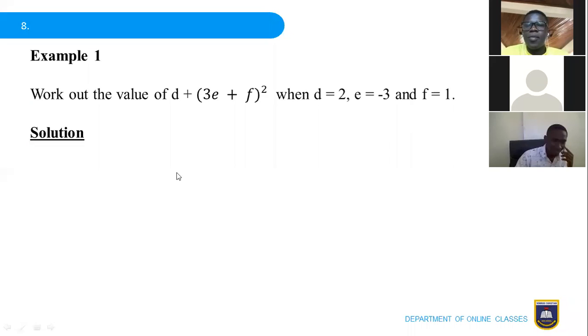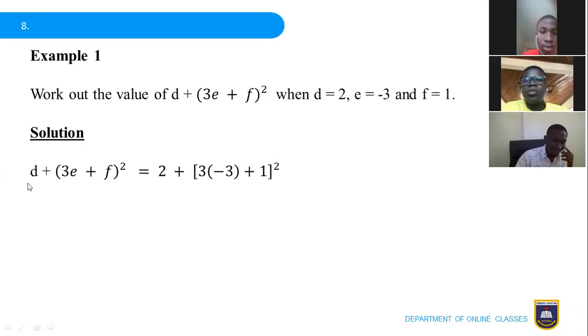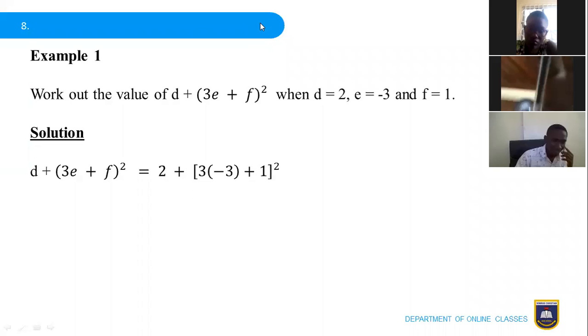Let's go through the suggested solution here. We have the expression d plus the whole of 3e plus f all squared.